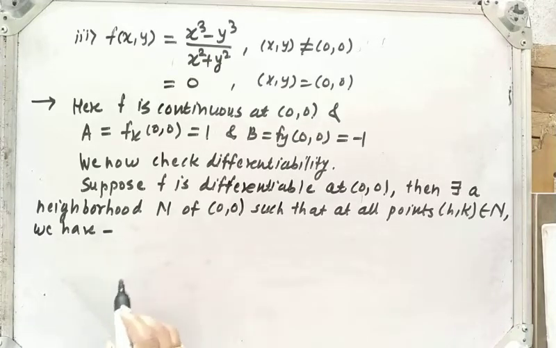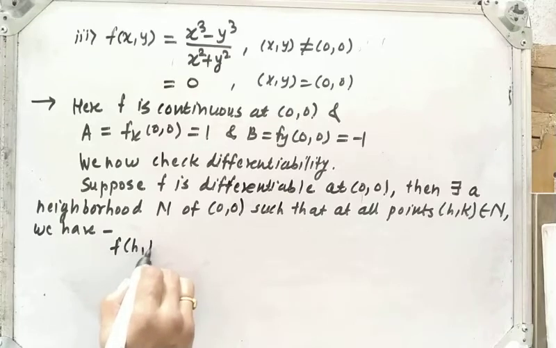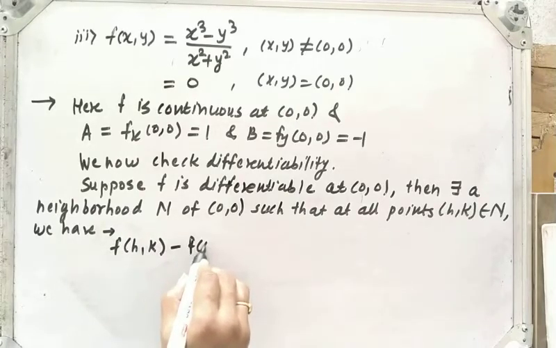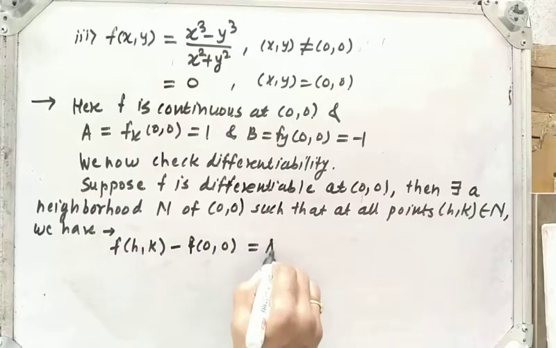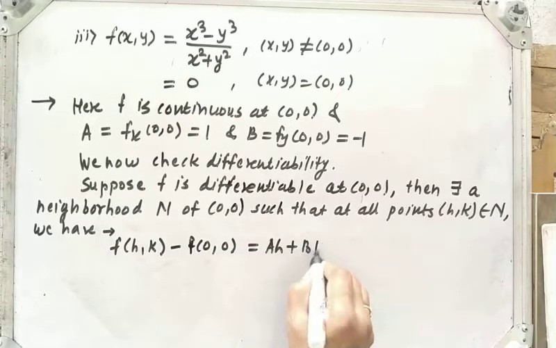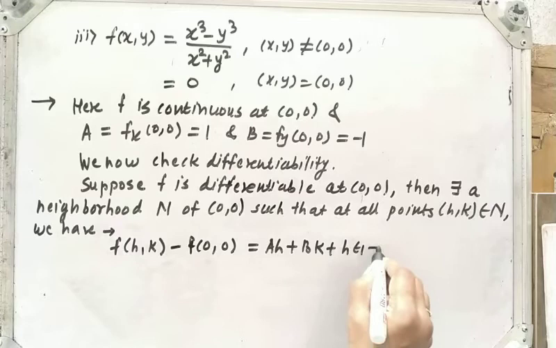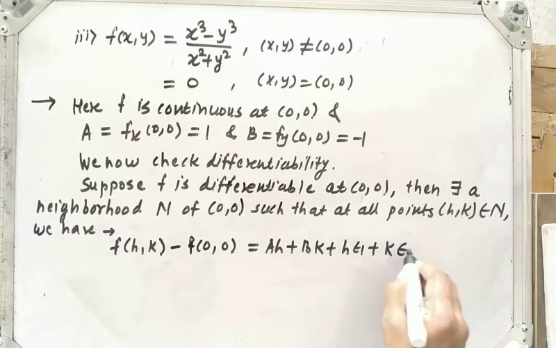f of a plus h, b plus k. Okay, we have seen that equation, f of a plus h, b plus k minus f of a, b is equal to ah plus bk. Now here what is a, b? a, b is 0, 0. Therefore, we have the equation f of h, k minus f of 0, 0 is equal to ah plus bk plus h epsilon 1 plus k epsilon 2.